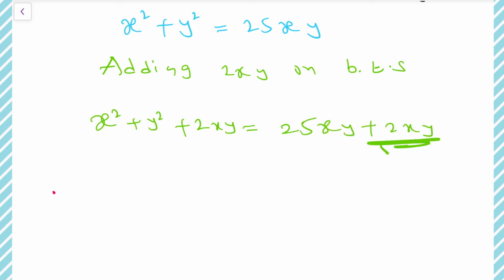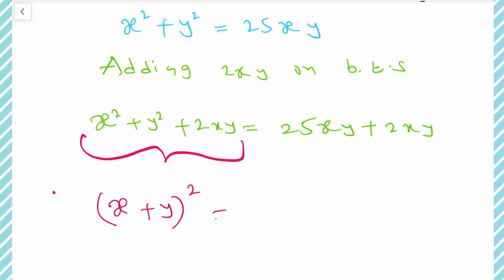Both the sides adding 2xy. Now left side part, if we observe, x square plus y square plus 2xy is in the form of a square plus b square plus 2ab. So this can be simplified as x plus y whole square equals 25xy plus 2xy, which can be written as 27xy.